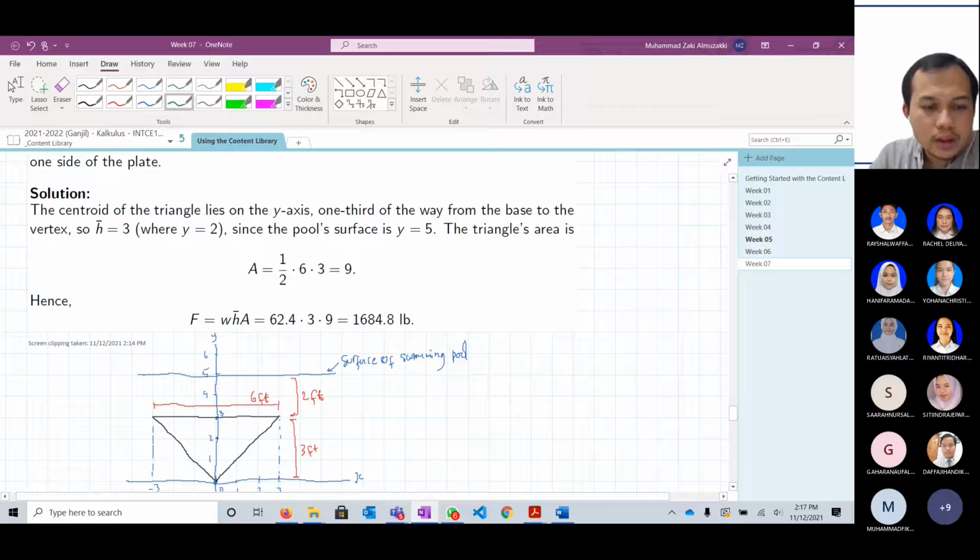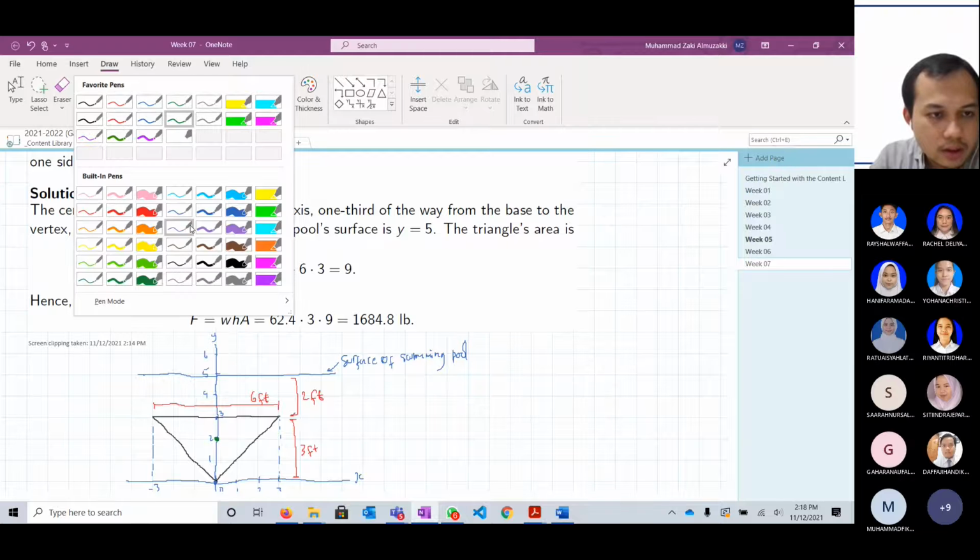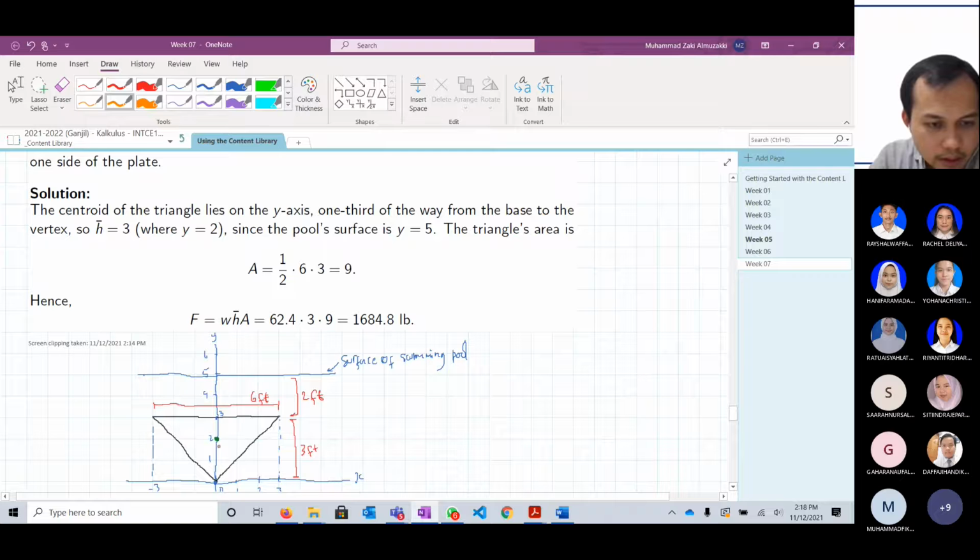The centroid is always a third of the height. Yeah, the centroid is at this green, sorry, let me use color, orange maybe, at this orange point. This is the centroid.